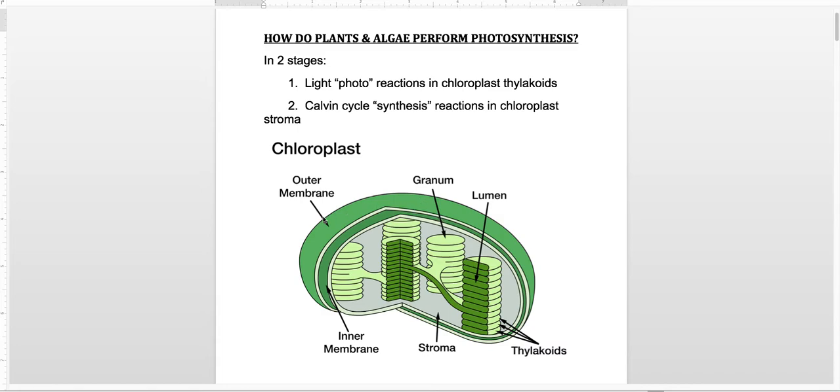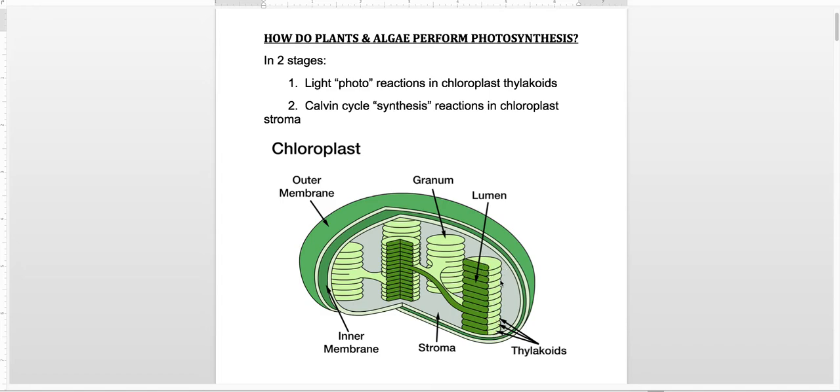All of photosynthesis occurs in one organelle, the chloroplast. And so this picture here that you're seeing on the screen is an image of a chloroplast. Chloroplasts are similar organelles to mitochondria. Remember, that was the organelle of aerobic respiration. They have an outer membrane here, and then there's an inner membrane inside that's folded up into what looks like stacks of plates.